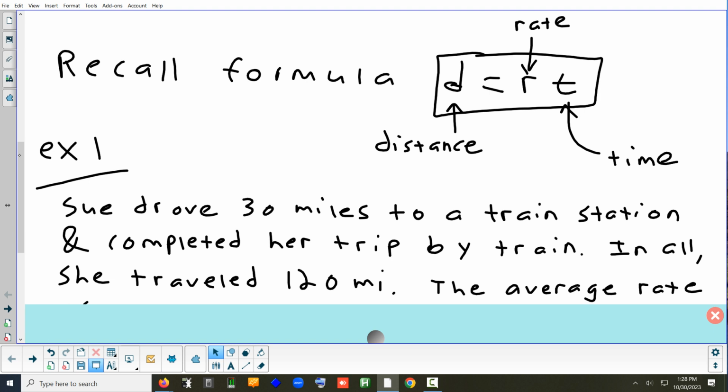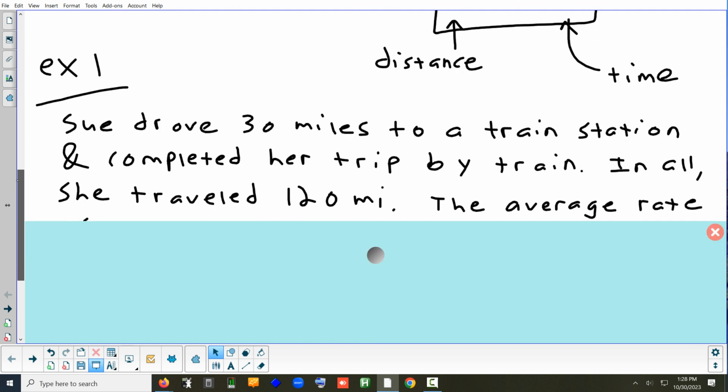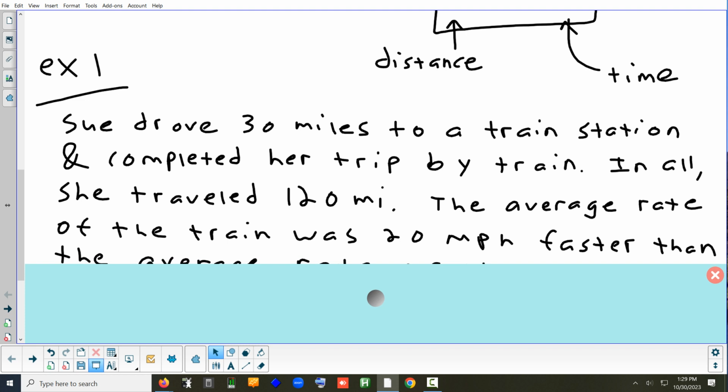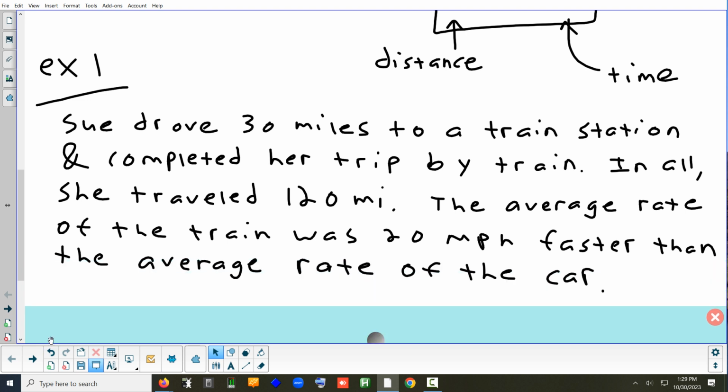The other thing we know a little about is the speed. We don't know any speed exactly, but we know that the train, on average, was 20 miles an hour faster than the car. And that's everything we need to know to set up what we're looking to set up.